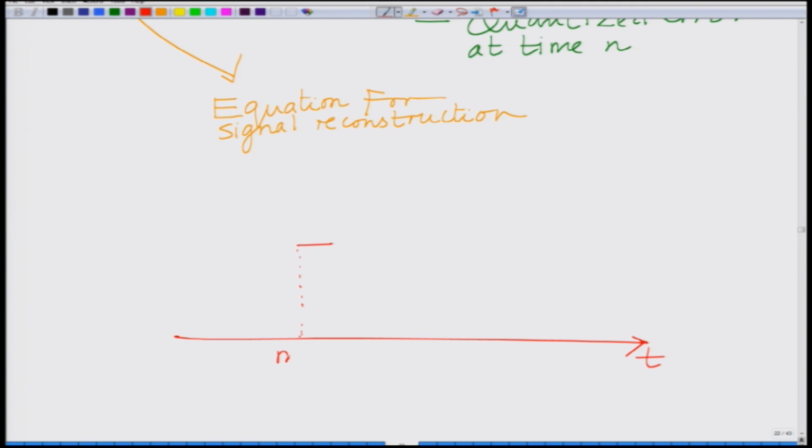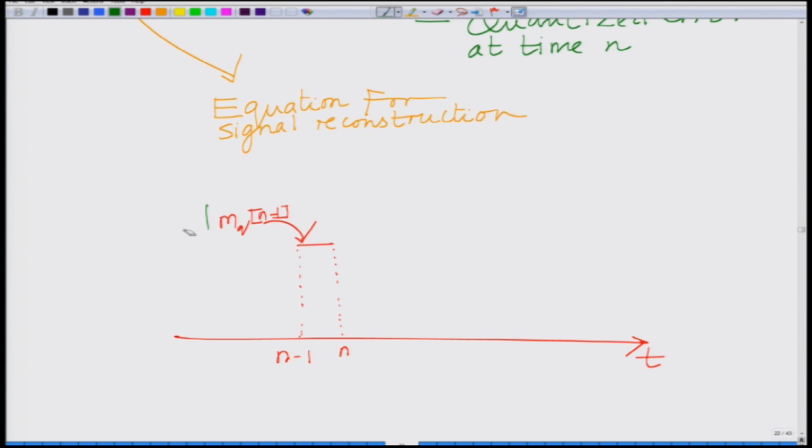So, the reconstruction at n minus 1 is MQ[n-1]. At this point we have time instant n. So, this is time instant n minus 1, and time instant n.